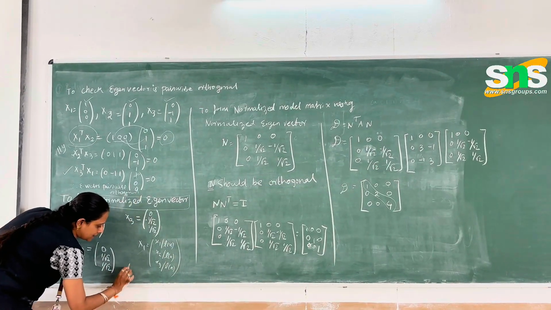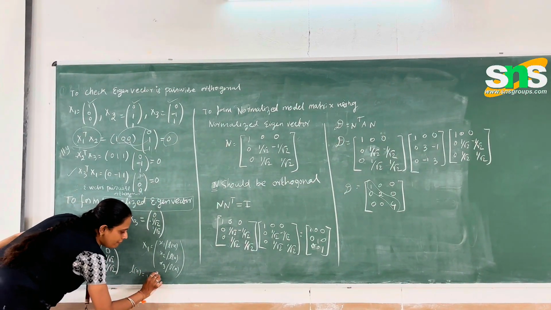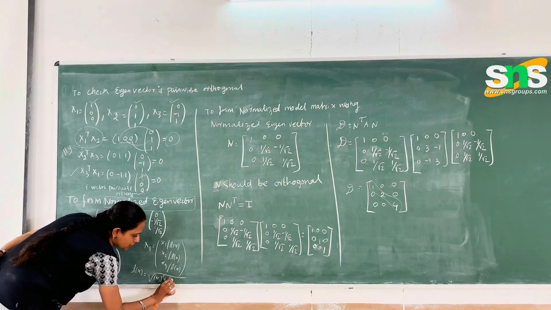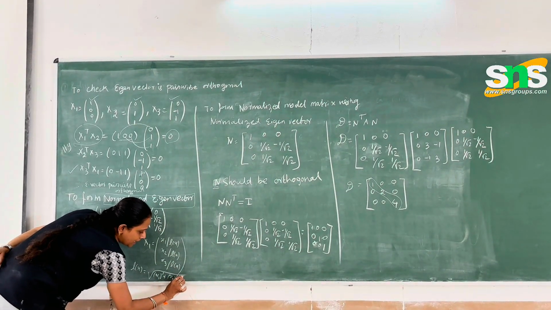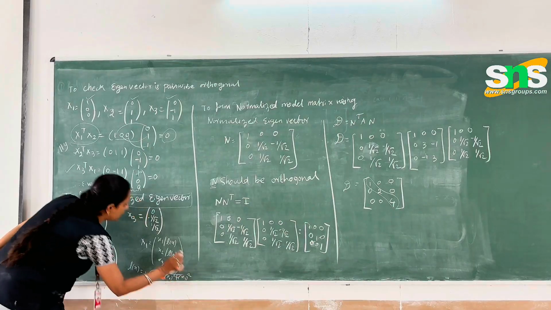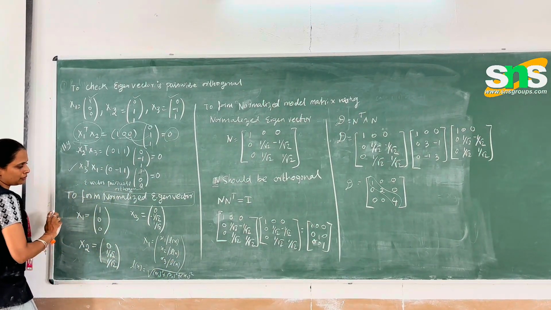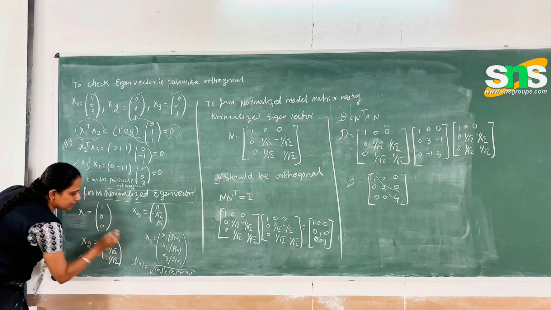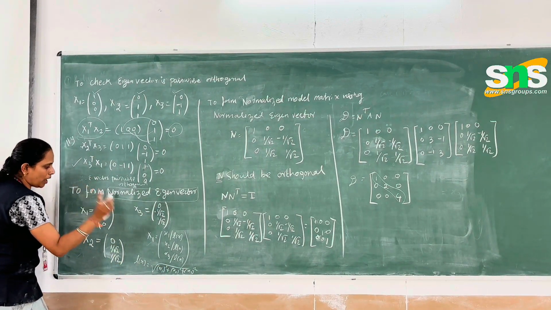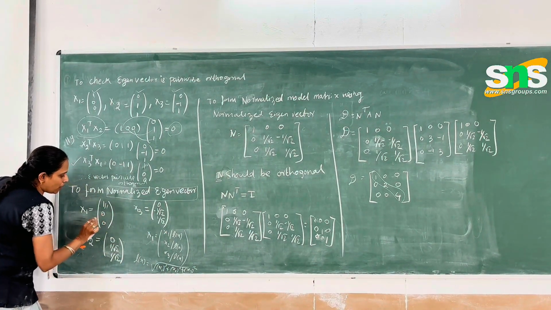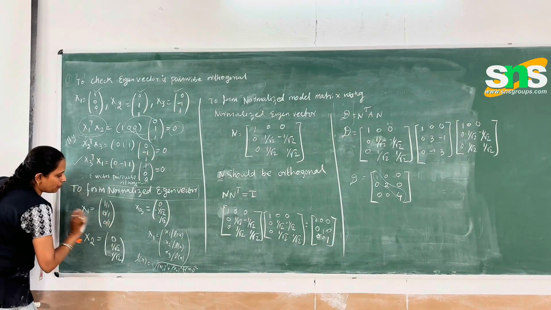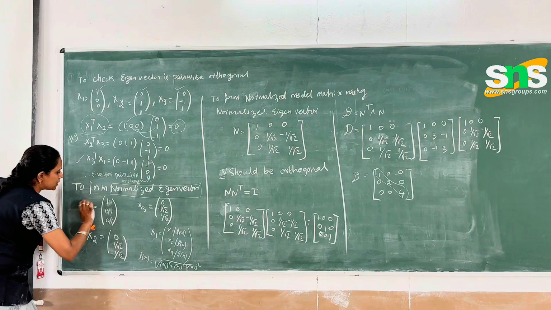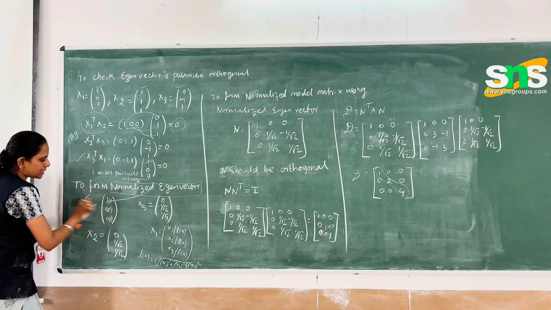It is nothing but the square root of the sum of the squares of every element, that is x1 square plus x2 square plus x3 square. Using this formula, here we have 1 square, 0 square and 0 square, and the answer is 1. So 1 divided by 1, 0 divided by 1, 0 divided by 1. So the answer is 1 0 0. This is the first normalized eigenvector.